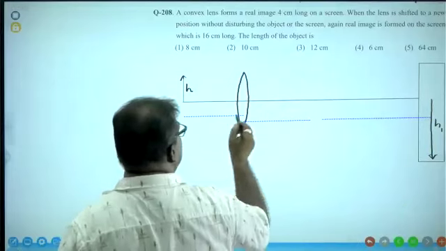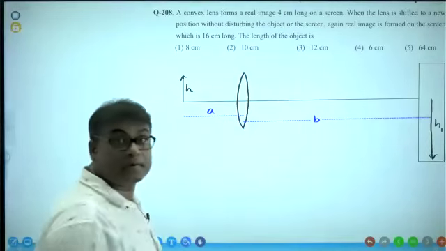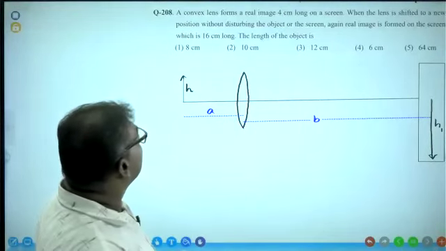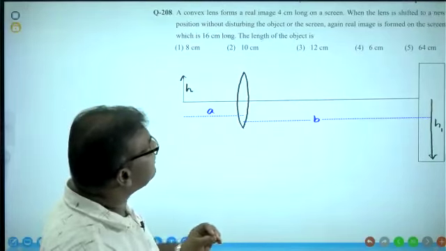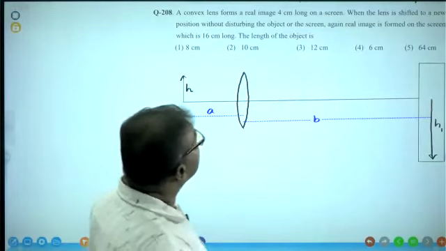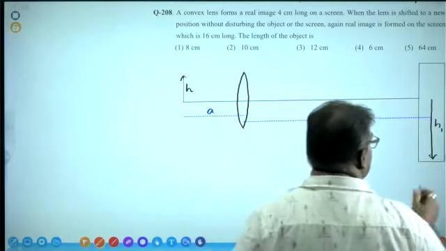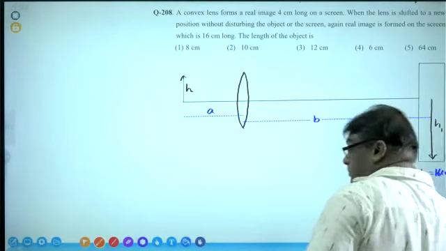So we can say this one is A, this one is B, distances, right? Without disturbing the object and the screen, again, a real image is formed on the screen, which is 16 centimeter long. H1, let it be 16 centimeter, clear.